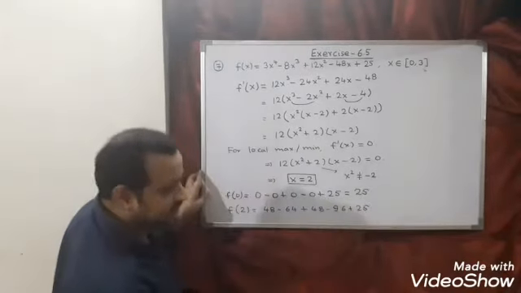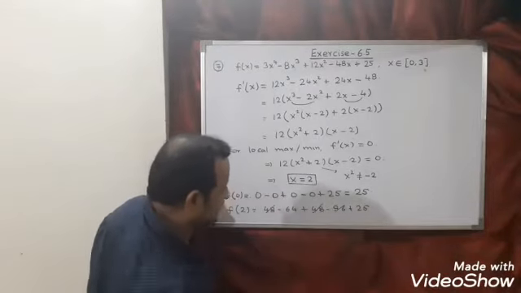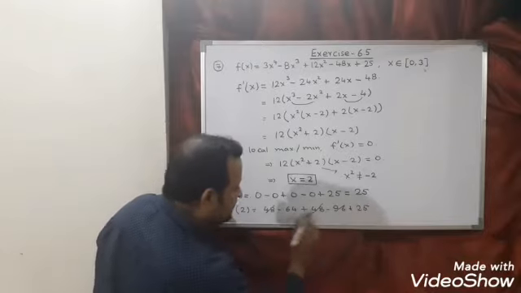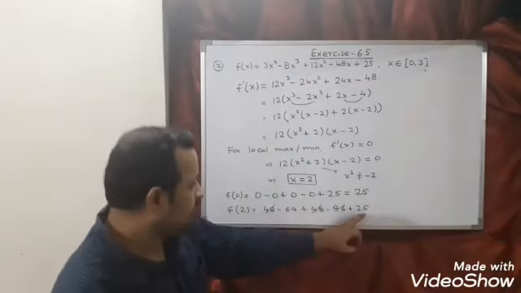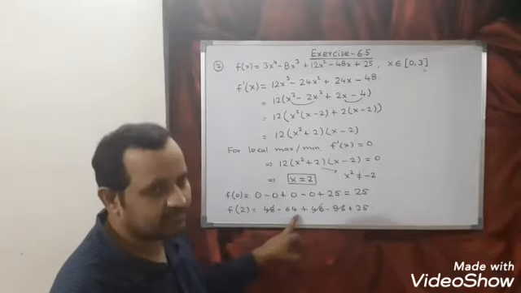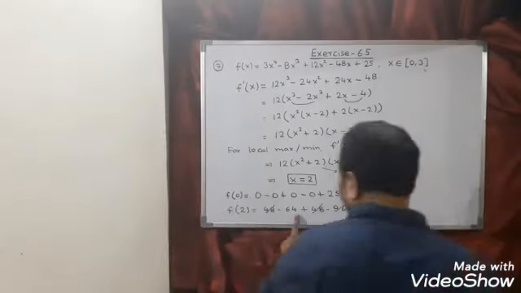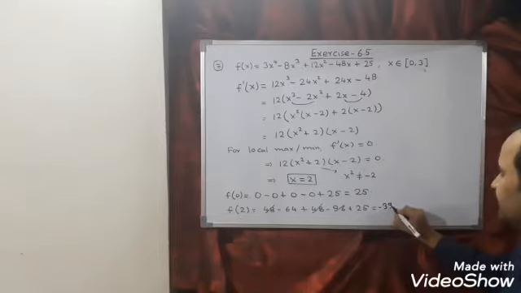So you can see here 48, 48, 96 cancel. So minus 64 plus 25, calculate. So 25 will come and 14 will come. How much? 25 plus 14. So it is 39 but with negative sign. So you will get minus 39.